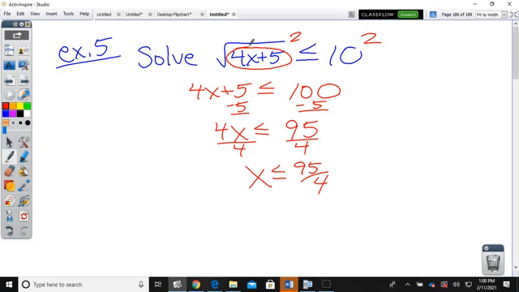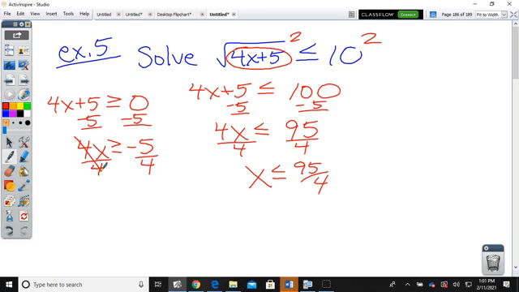In other words, it needs to be a positive number or 0. We call those non-negative numbers. So 4x plus 5 is greater than or equal to 0. You work this little problem out. You don't have to do this every time, just when it's possible to get negatives.